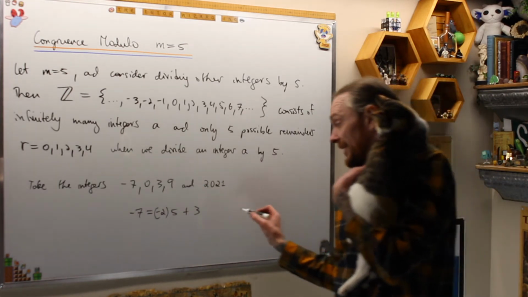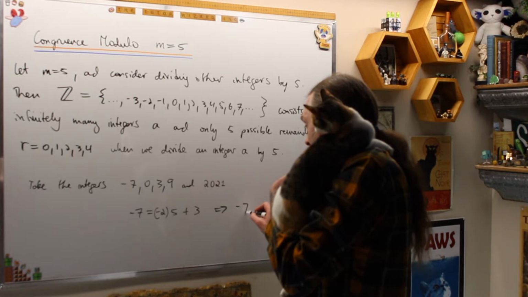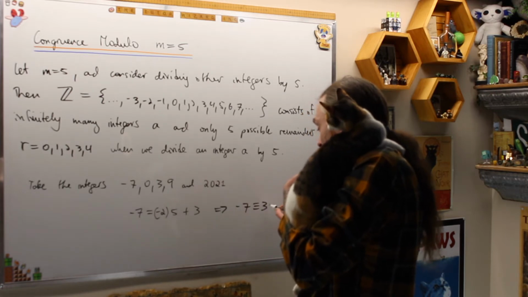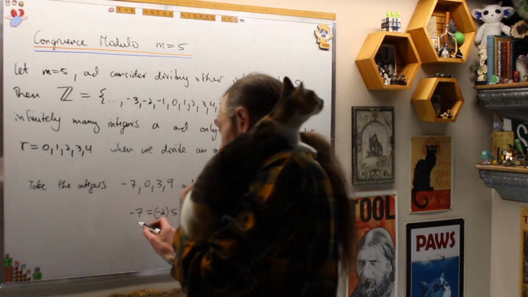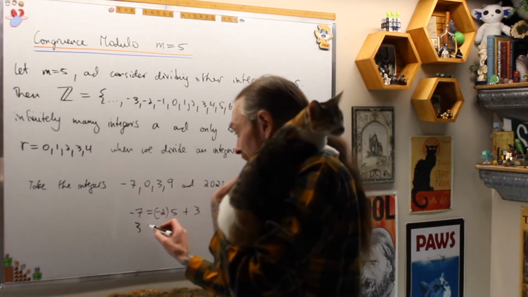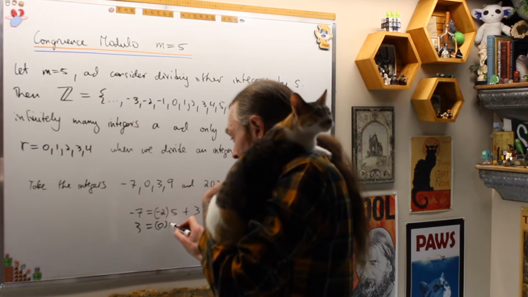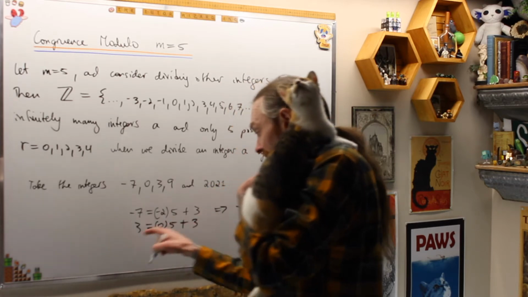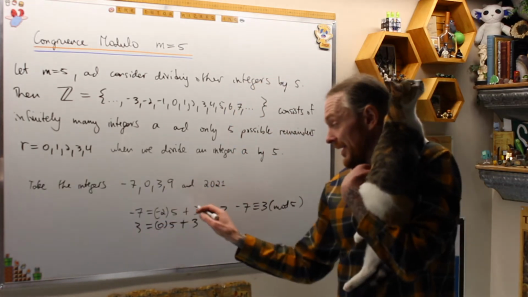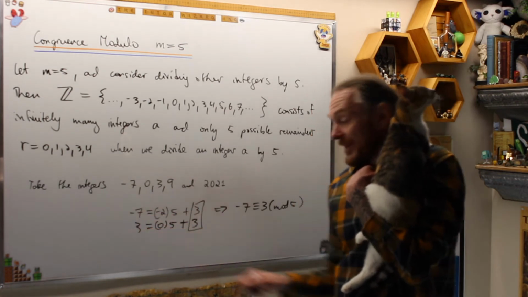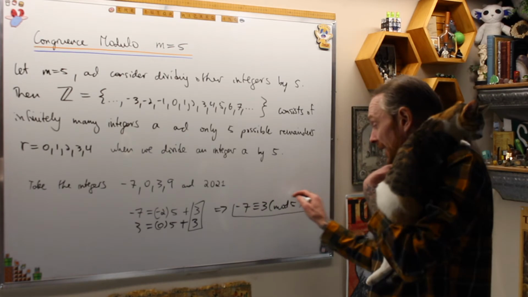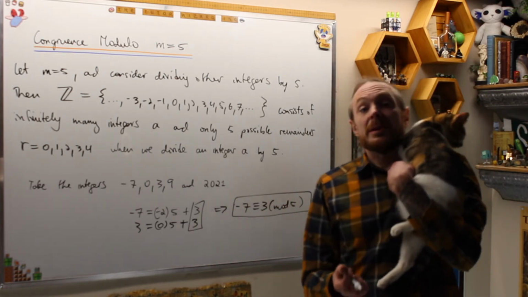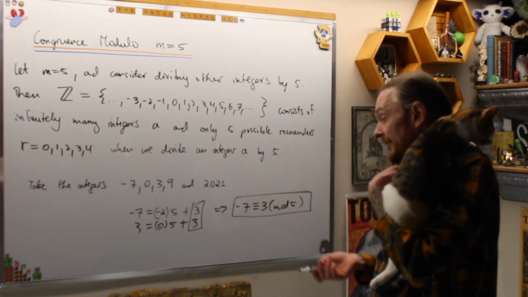So negative 7 is congruent to 3 modulo 5. Why is that? Well, 3 is 0 groups of 5 plus 3, so it leaves its own remainder. These two numbers, negative 7 and 3, leave the same remainder when I divide by 5. So negative 7 and 3 are congruent modulo 5.